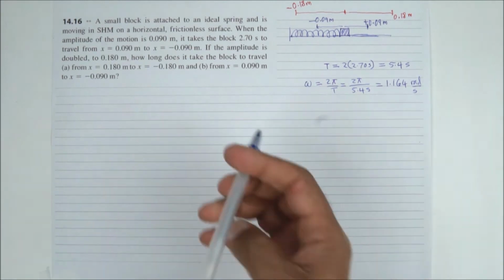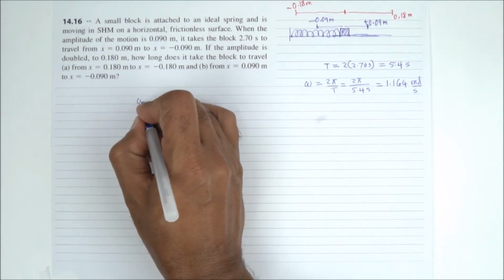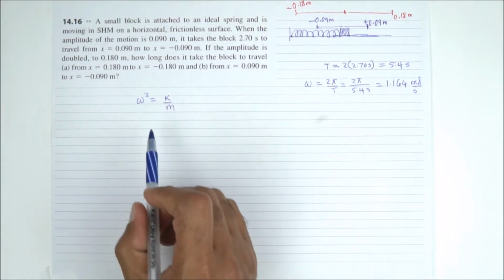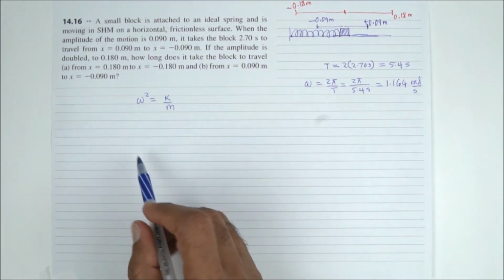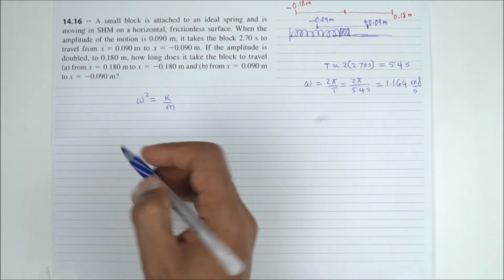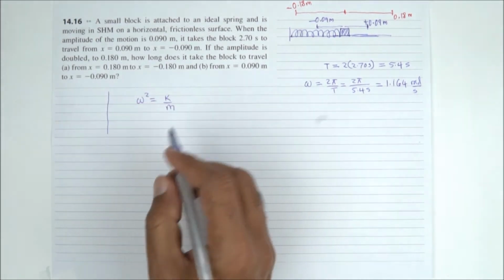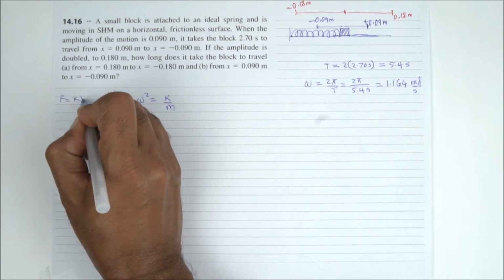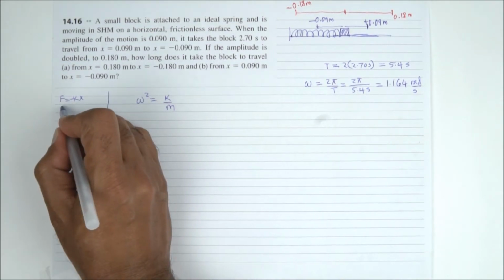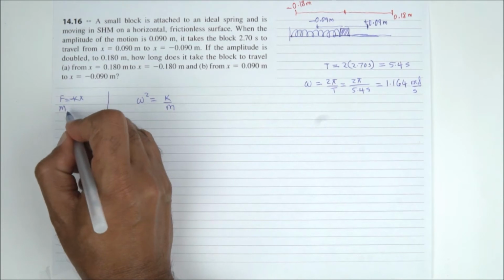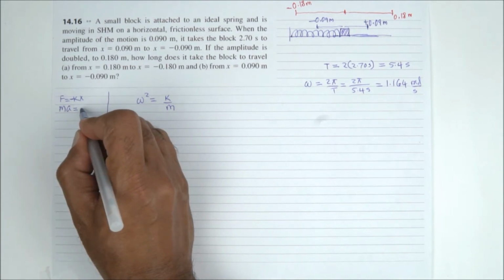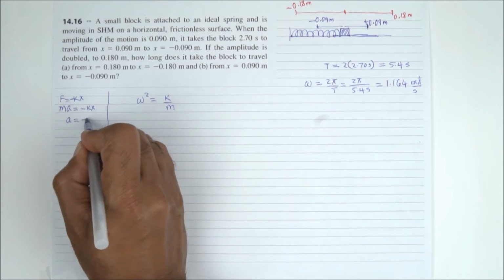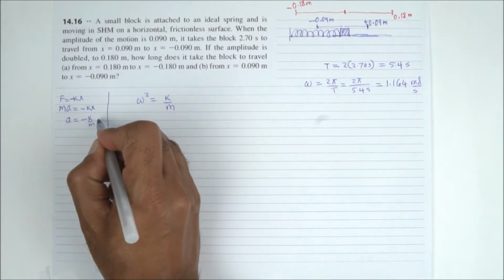So we know that omega squared is equal to k over m. That's for a simple harmonic motion mass and spring system. You don't have to derive it, but it comes from F equal to negative kx, the restoring force, which is mass times acceleration, equal to negative kx. So a would be equal to negative k over m x.